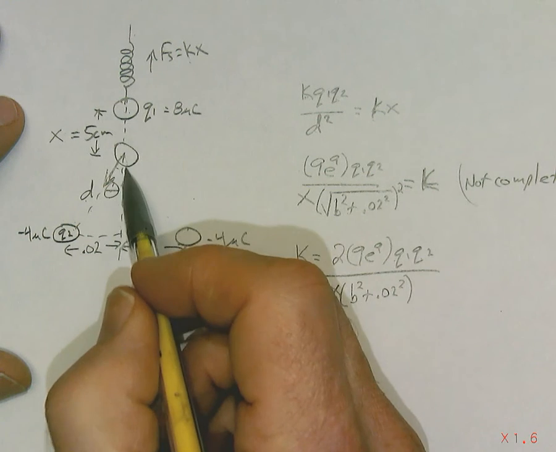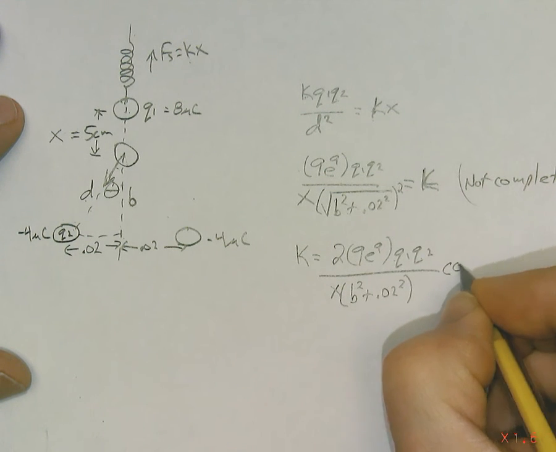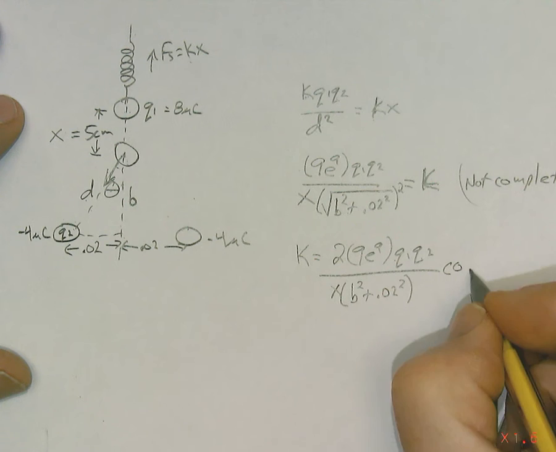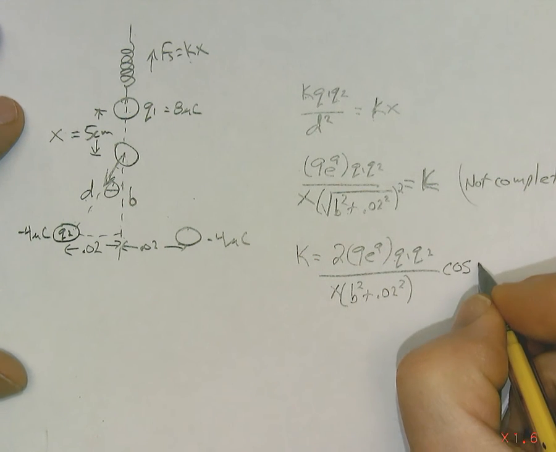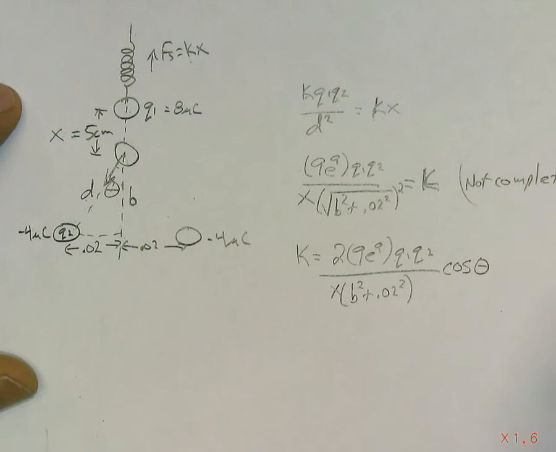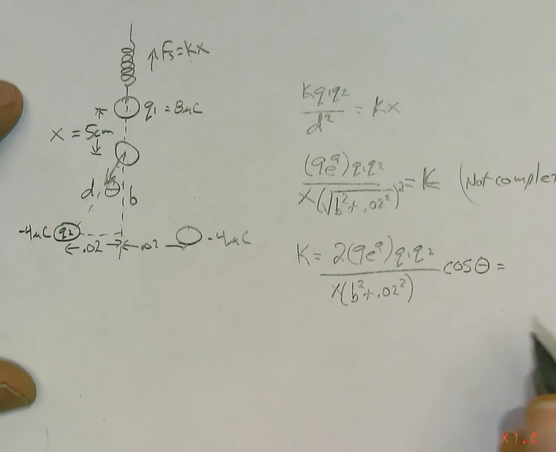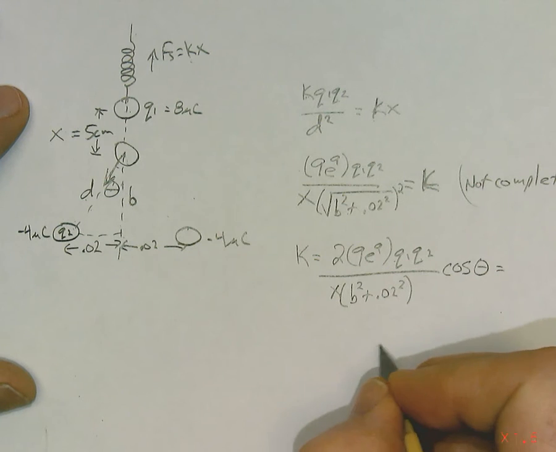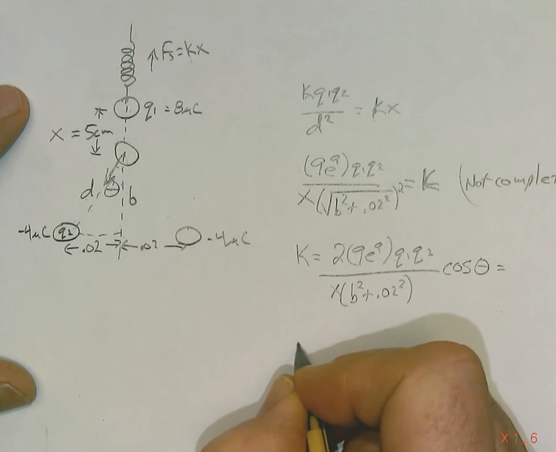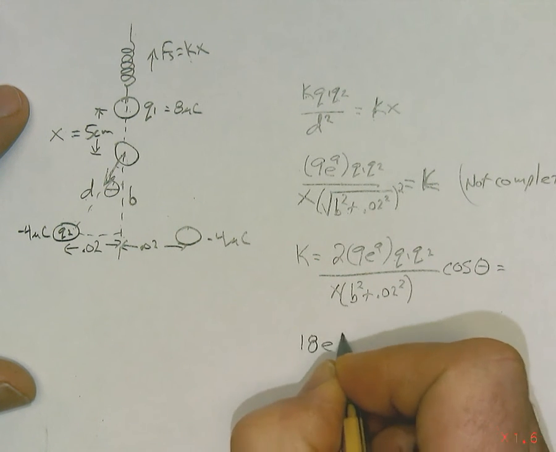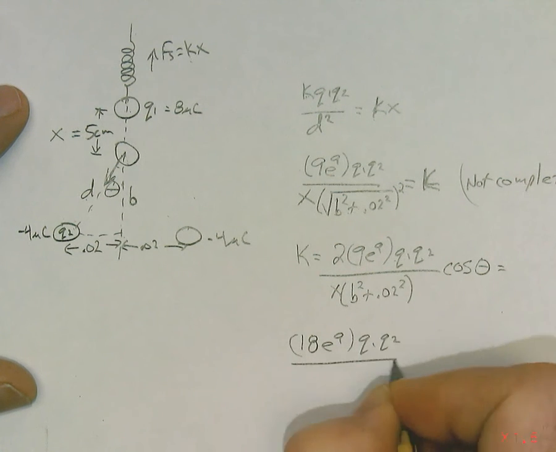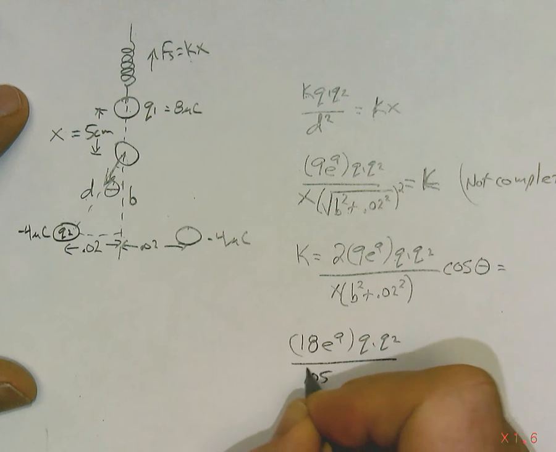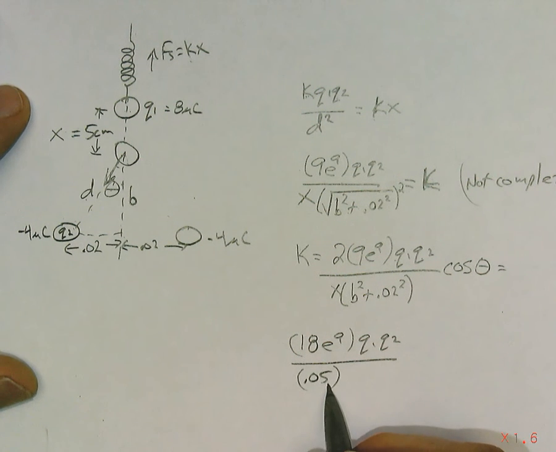But because it's the vertical component, it's cosine of the angle, cosine of theta. Let me go ahead and write it a little simpler. That's going to be 18e9, q1, q2, over 0.05, because that's how far it got stretched.